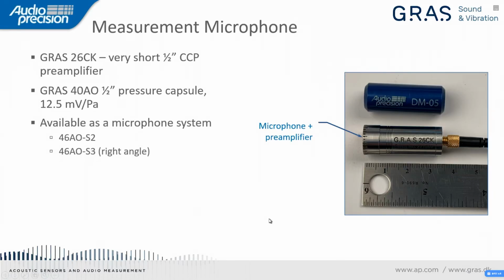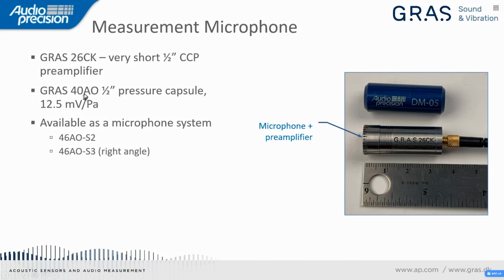Now we need a measurement microphone, and as I mentioned, the working space inside the chamber is quite small, so it's nice to have a small measurement microphone. And our sister company Grass here has come up with a very nice short preamplifier called the Grass 26CK. And with this, for this measurement, you need a pressure capsule, a pressure response capsule. Grass has quite a large variety of pressure capsules for half-inch microphones.